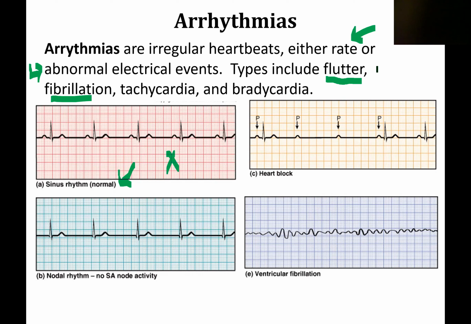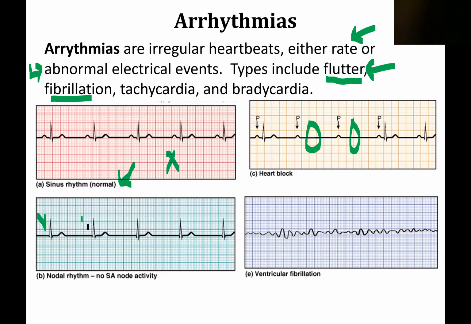A flutter is an arrhythmia where you have abnormal electrical events that are repeated. So there's a pattern. Here we can see there's no QRS complex and there's no T wave, and it'll go back to being that way. That would be a flutter.